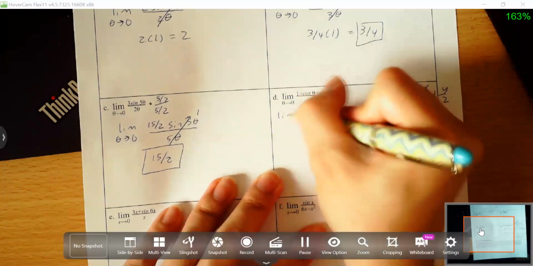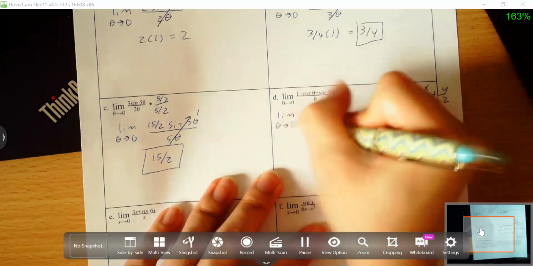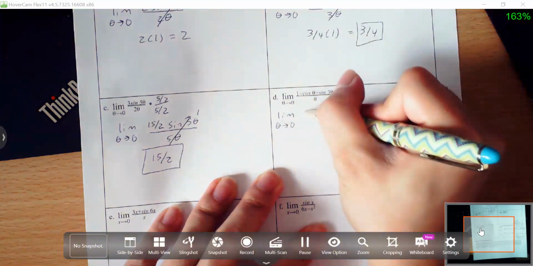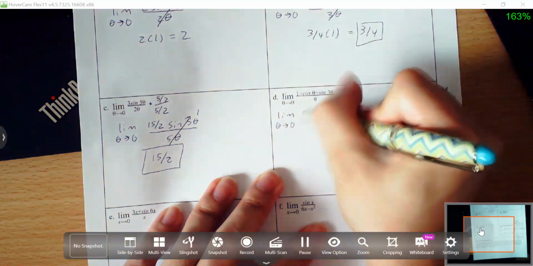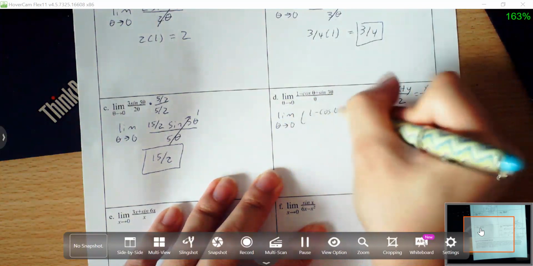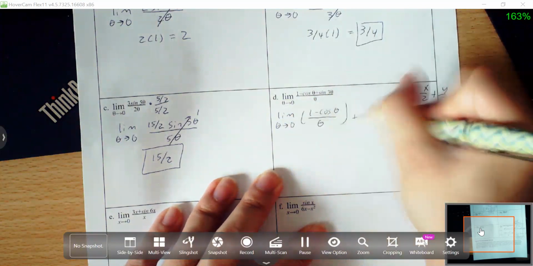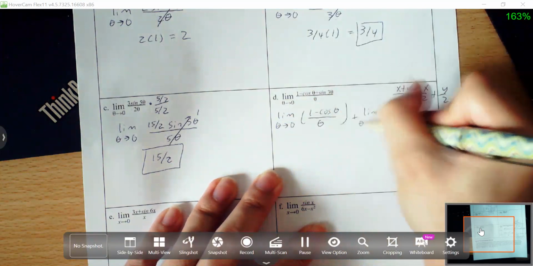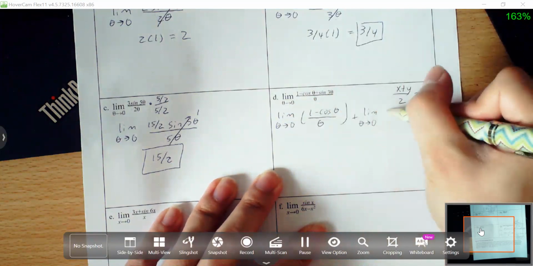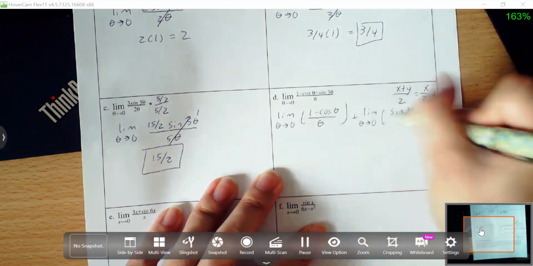So this is the same thing as the limit as theta approaches 0. And so I could break this up into 1 minus cosine theta over theta plus the limit as theta approaches 0 of sine of 3 theta over theta.